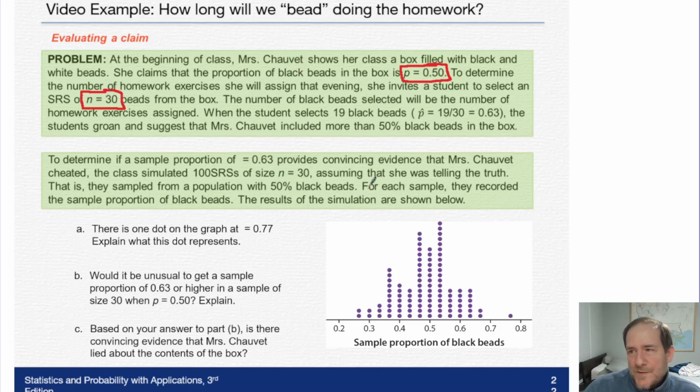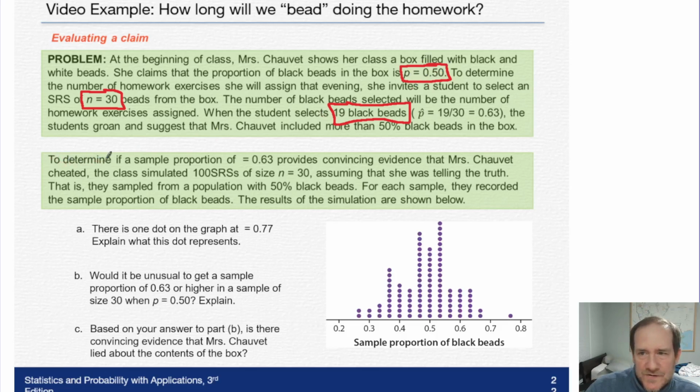So that's the claim we want to test: is it really plausible that there was only 50% black beads, but you still pulled out 19 black beads? That shouldn't seem too crazy, but let's see. Let's test and find out if 19 is higher than our expected value by enough to make us doubt this claim in the first place.